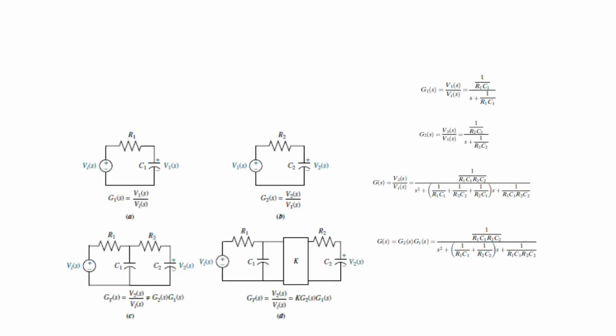Now this loading concept can be explained by this example. Let us suppose that we have a system that we have discussed previously, and the transfer function of the system is V1 divided by Vi. We have a second system, and in the second system the transfer function is V2 divided by Vi, which is given by this equation.